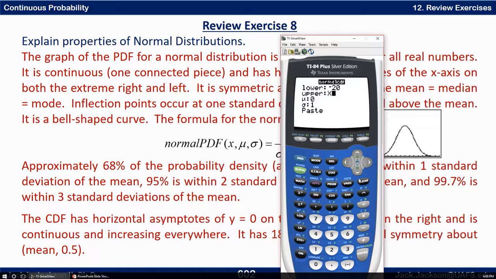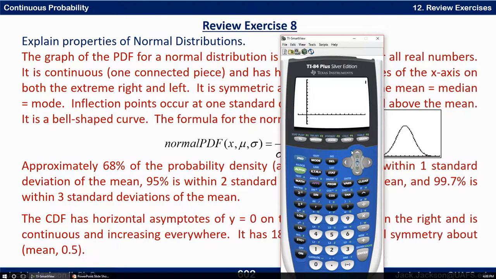Upper is x, and mean was 6, and standard deviation was 2, if I remember right. Okay, and I'm going to paste that in there, and then my window I need to switch a little bit. I'm going to go to my standard window for these, negative 0.3 and maybe 1.1 for y.